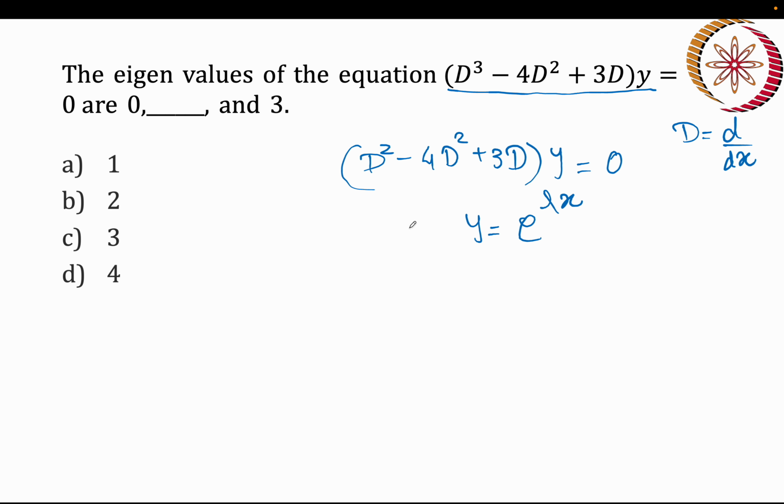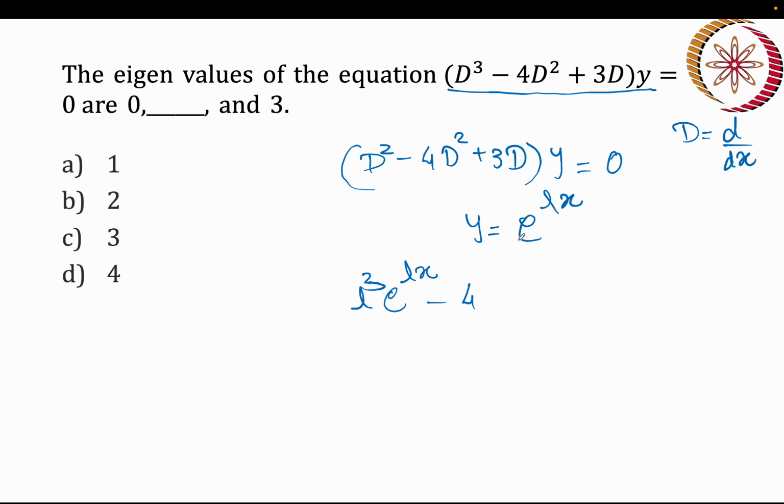So if we substitute this, D cube is the third derivative, so we'll get lambda cube e raised to lambda x.